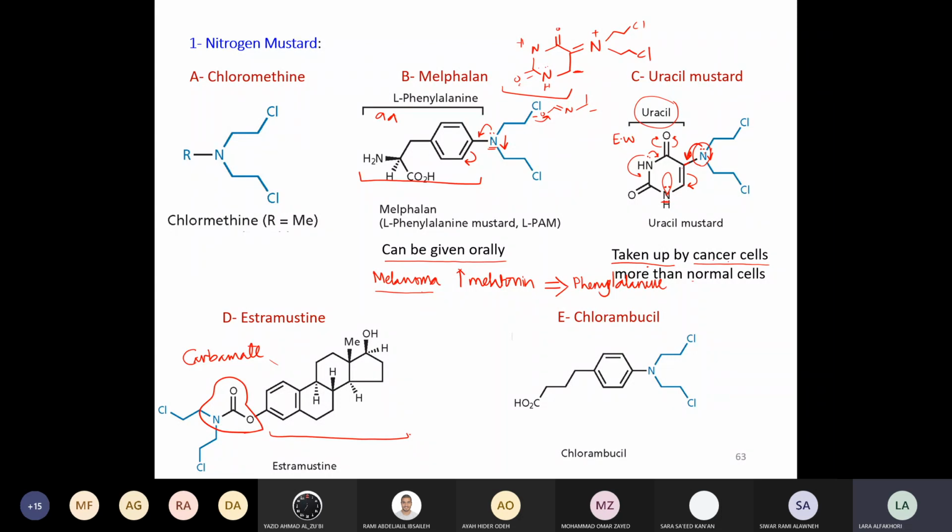So they presumed that if they attached this steroid to the drug, there would be selective uptake of this drug into those specific cancerous cells. Inside the cell, they proposed, but before I say that, if I wanted to compare the nucleophilicity of this nitrogen in estromustine versus uracil mustard versus melphalan versus chlorambucil, is the nucleophilicity of this nitrogen higher or lower?